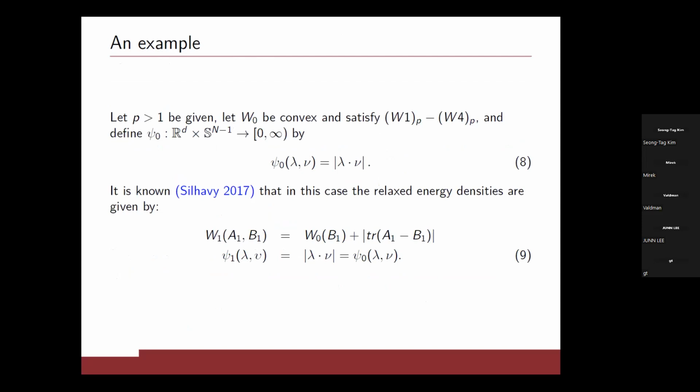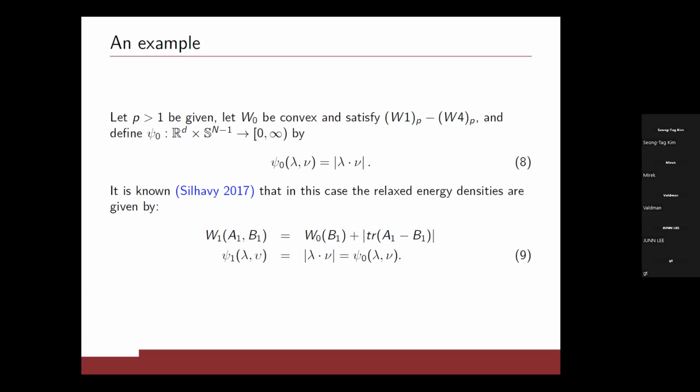So if you start from an original bulk density W, that here I'm calling W0, the one that you put at the level of your energy E, and you consider a surface energy, which is just the trace of your singular, your jump part of the derivative, so the scalar product between lambda and the normal, you can see that the above formula gives you at the first step a bulk density W1, which is nothing but W0 plus the trace of the difference between A1 and B1.